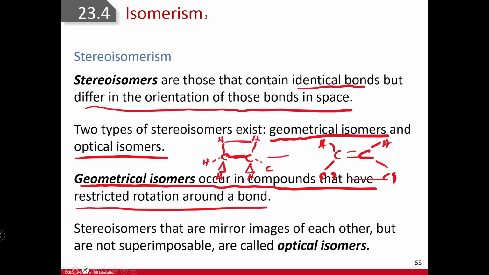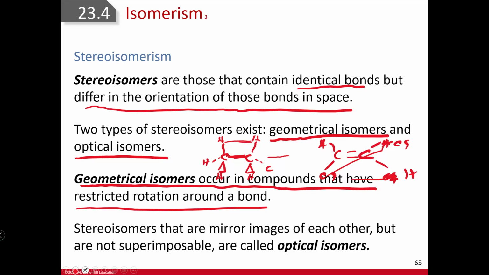So this is one isomer. The other one would be the chlorines up here and the hydrogens down here, and now they're across from each other. So that's what they mean by geometrical isomer. You have a restricted bond, and it's a fixed molecule, and then we're going to give those names, all right?